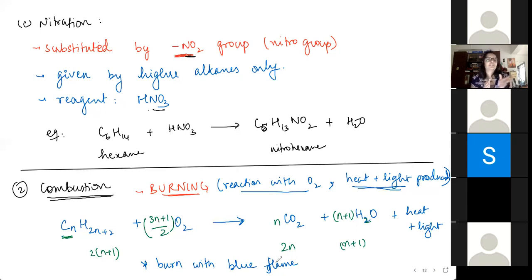Now we are moving towards cleaner fuels, so you end up using CNG, compressed natural gas. Abhi LPG cylinders or pipes, what you use for cooking is also all alkanes, mainly natural gas, but sometimes mixed with some butane also.